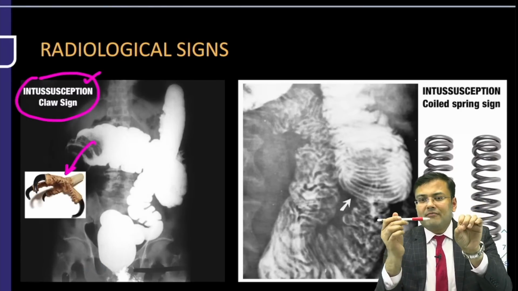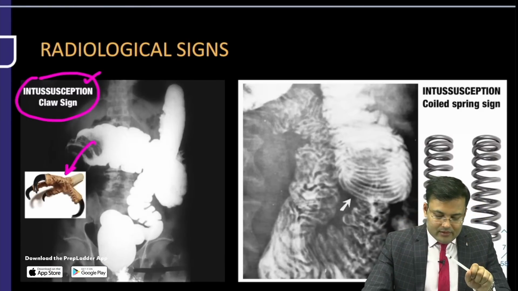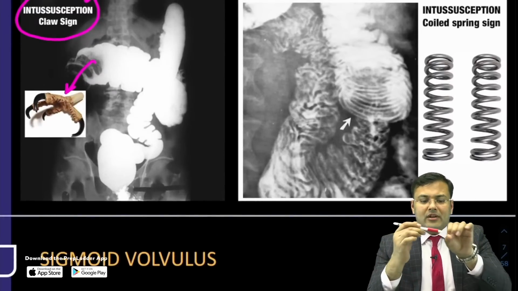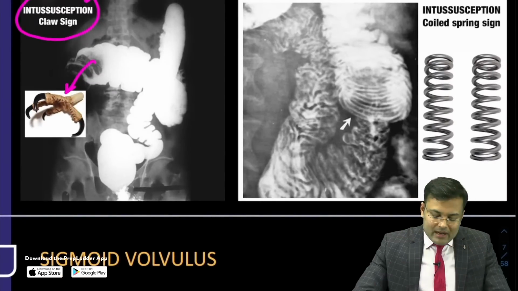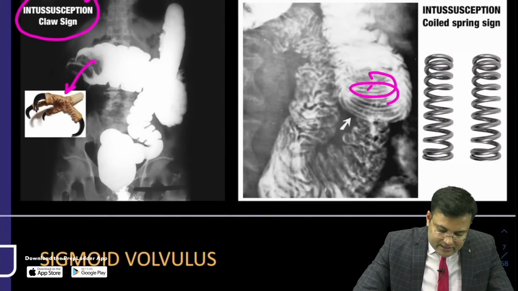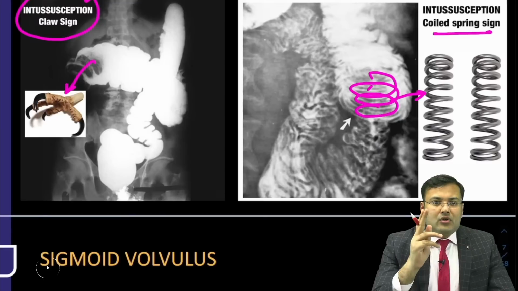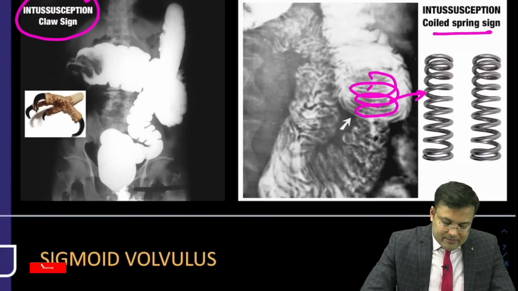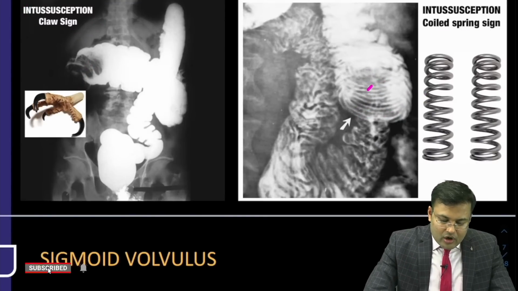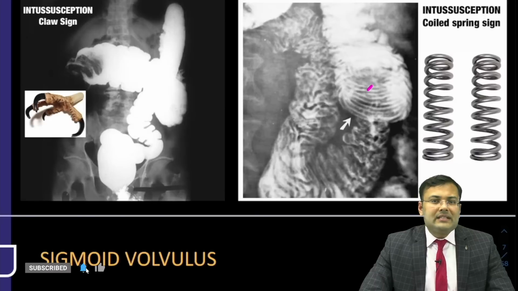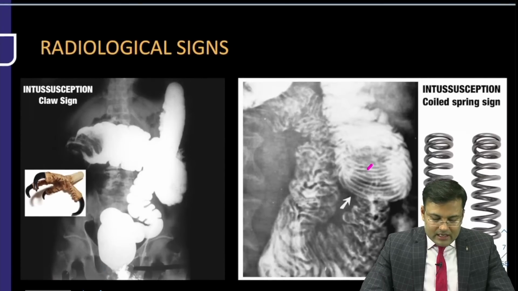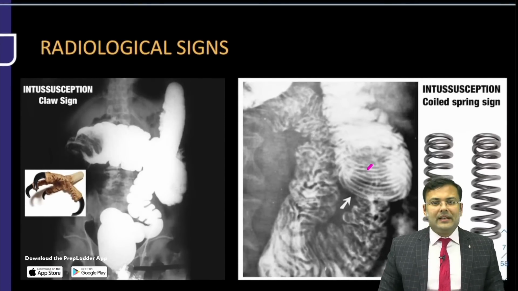And when one part of bowel enters into another, you can see the internal lining, and this lining looks like a coiled spring. These are two frequently asked image based questions: claw sign and coiled spring sign.